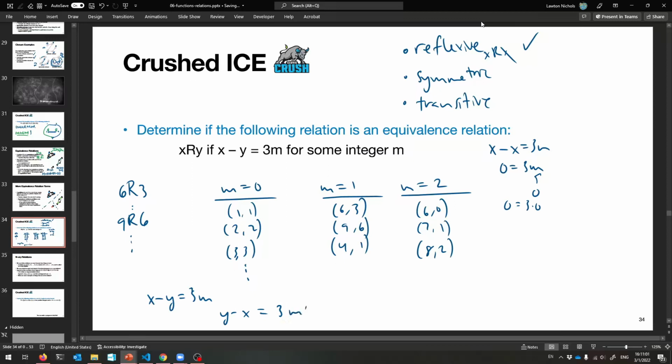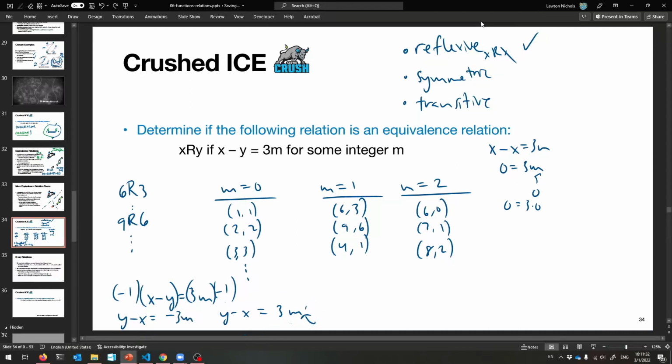I do believe it is. How do you relate x minus y to y minus x? I could just multiply by negative 1 on each side of this equation. Then I get y minus x is equal to negative 3m.